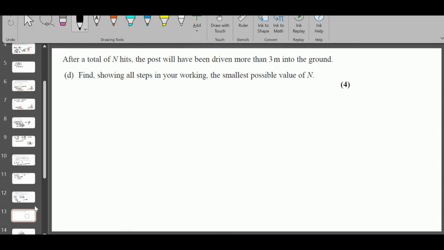Okay, next part now. After a total of n hits, the post will have driven more than 3 meters into the ground. In the first hit, it's 100. In the second hit, it's 98. Third hit, 96. All the way to the 20th hit, it was 62. We don't know the 21st one. And then the 22nd hit, it's 60. Dot dot dot.